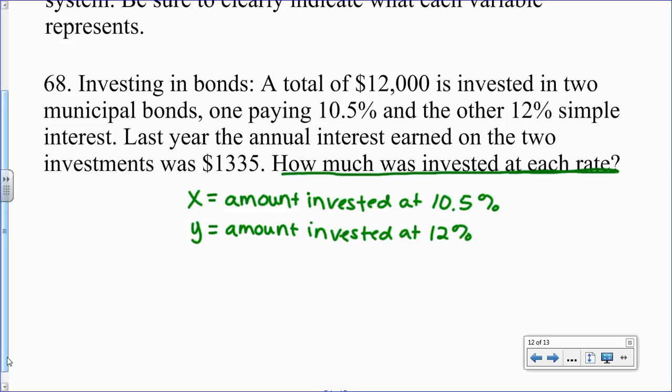The total invested is 12,000. This is the amount invested at this rate. This is the amount invested at this rate. So x plus y equals 12,000. Everybody see that? How we got that equation?